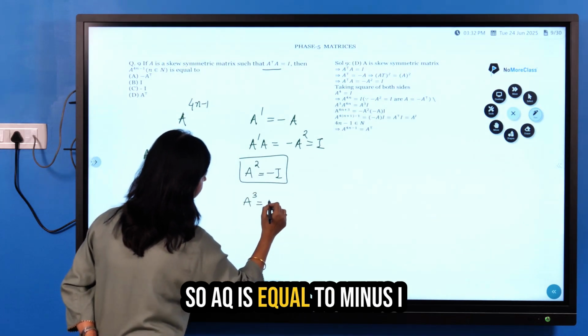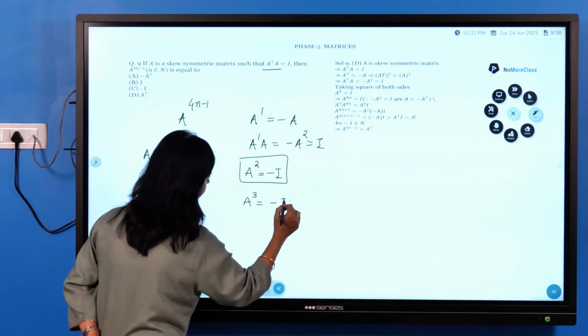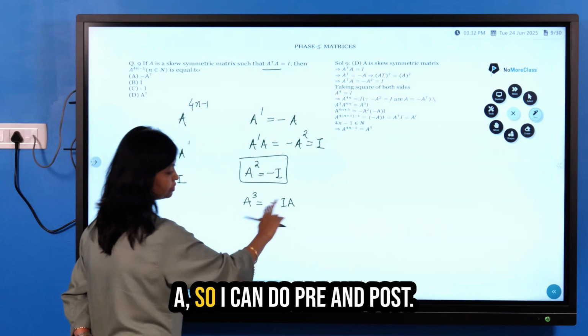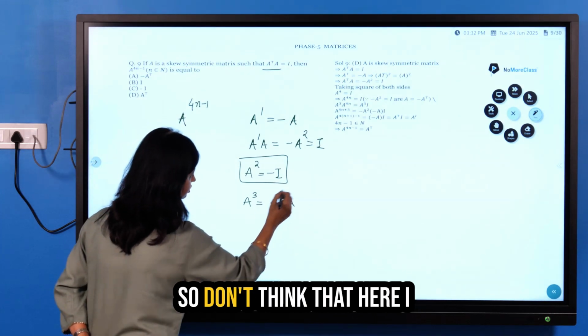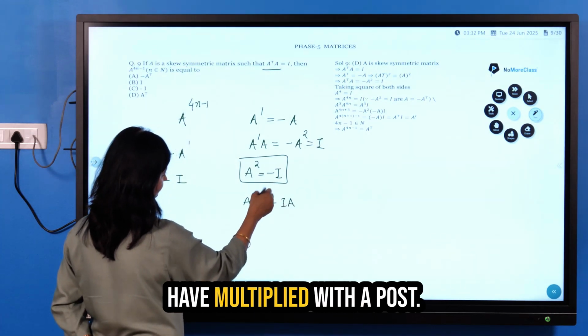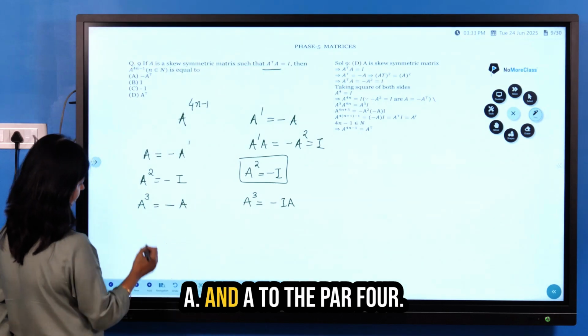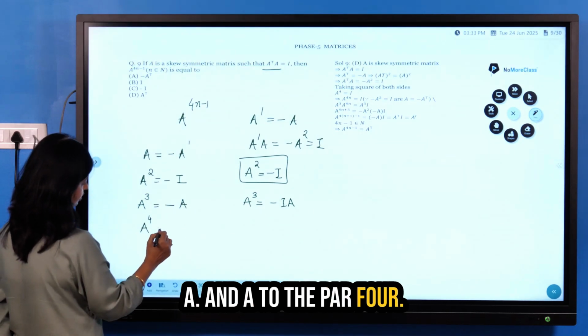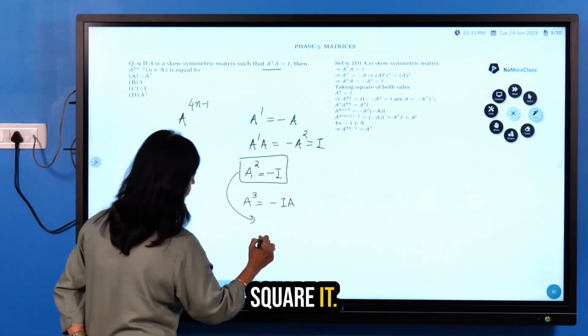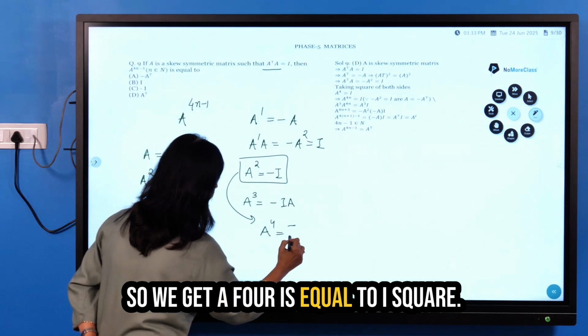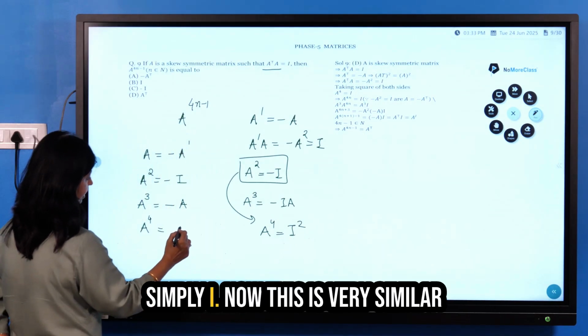So A cube is equal to minus A, because I'm multiplying with A, so I can do pre and post. So don't think that here I have multiplied with A post. And A to the power 4, how do we get this? Square it. So we get A4 is equal to I square, that is simply I.